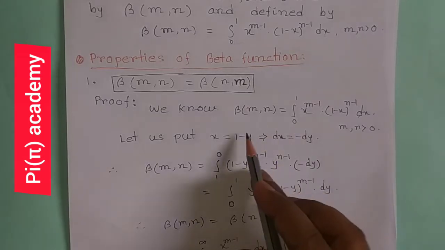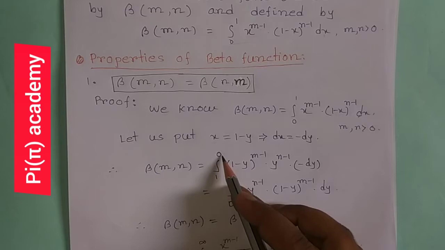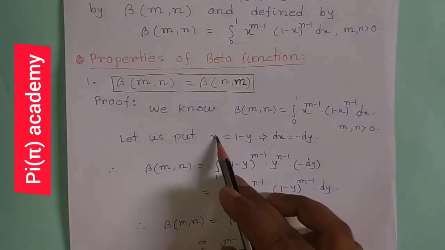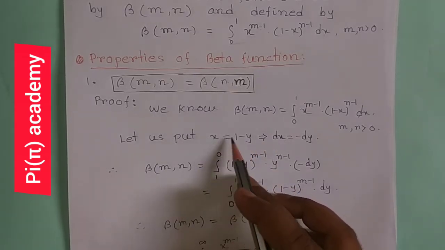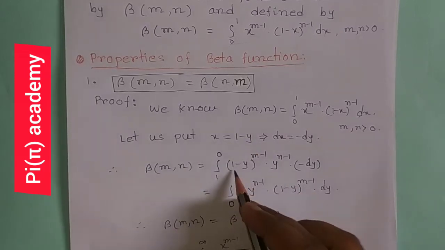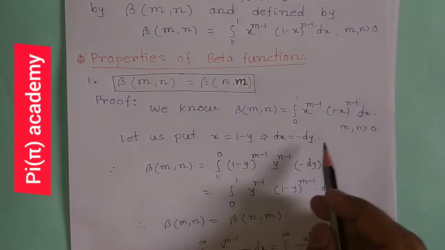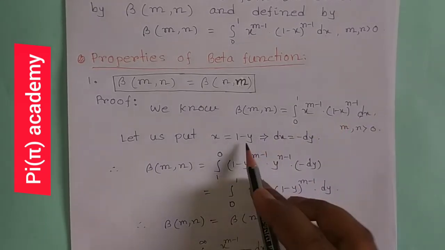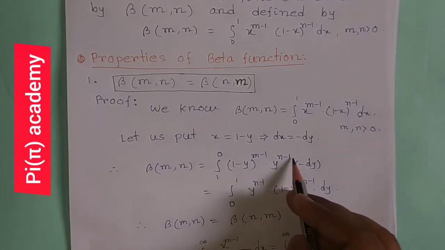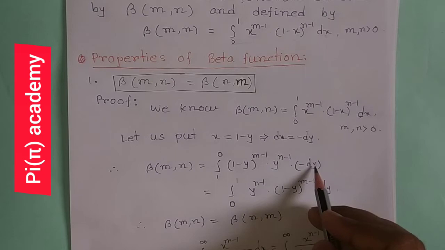When x equal to 0, y equal to 1, and when x equal to 1, then we get the value of y equal to 0. Therefore (1 minus y) whole to the power m minus 1, and 1 minus x equal to y, that is y to the power n minus 1, and the value of dx is minus dy.